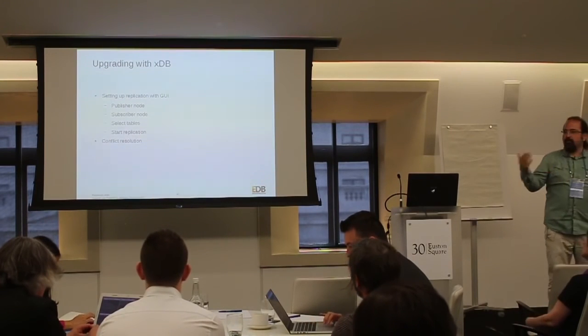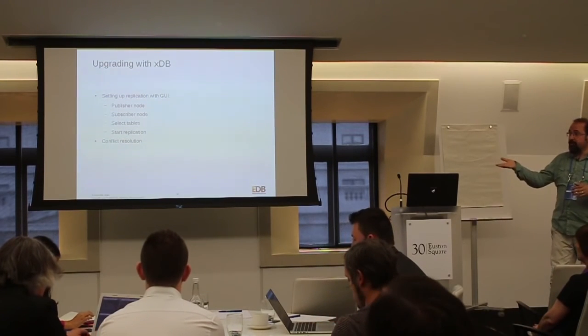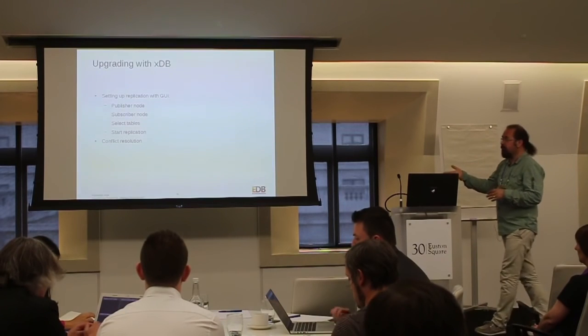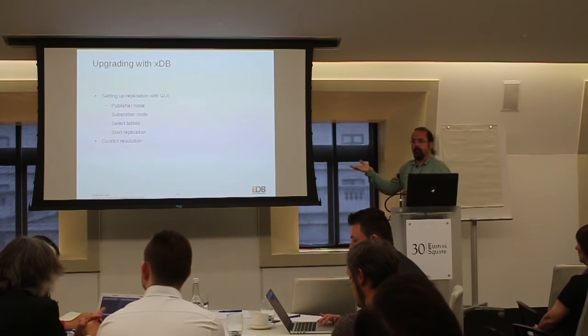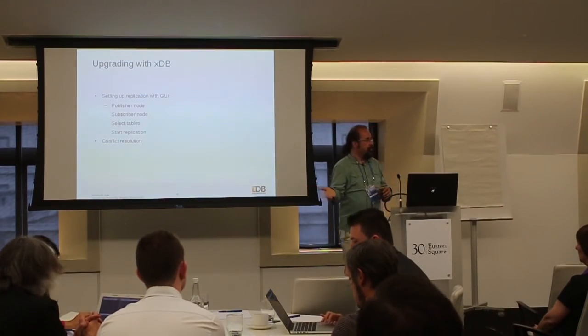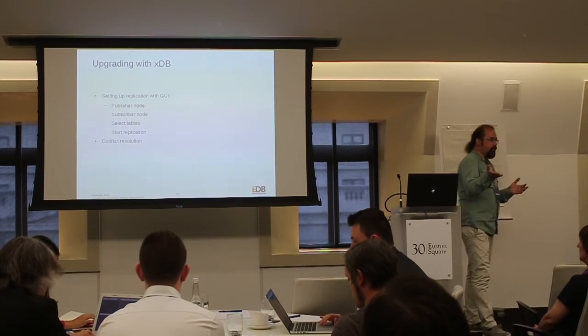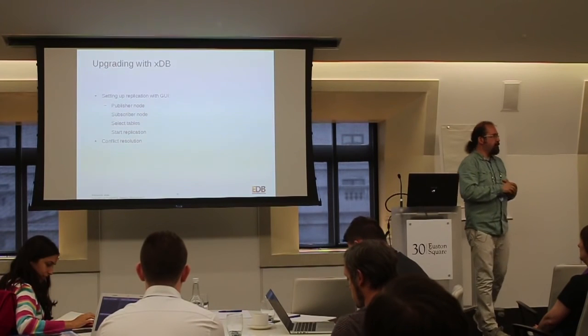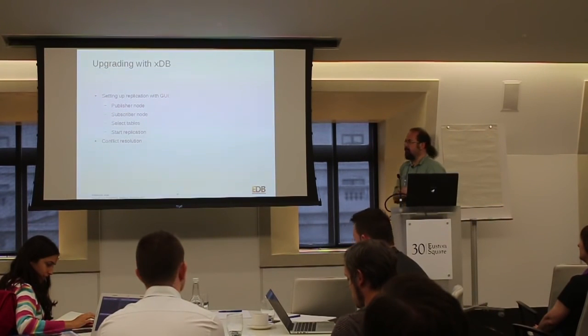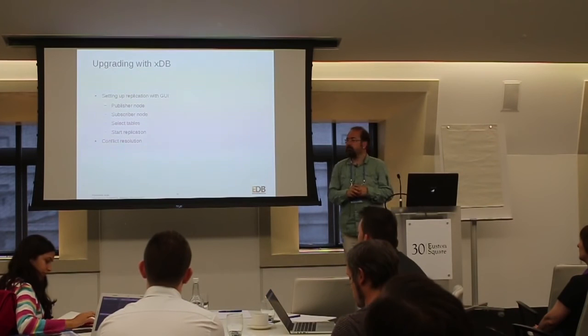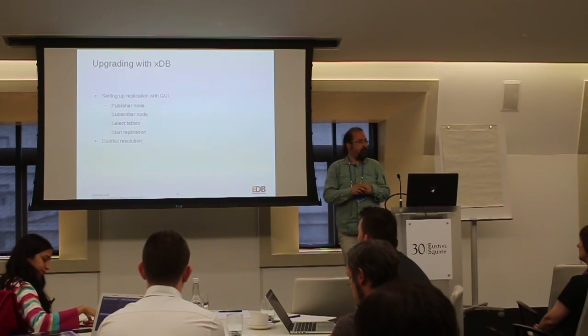You first replicate your data to the new instance, the new major version, I mean. And then once the replication is completed, you can finish the upgrade process by switching to the new instance. Any questions?